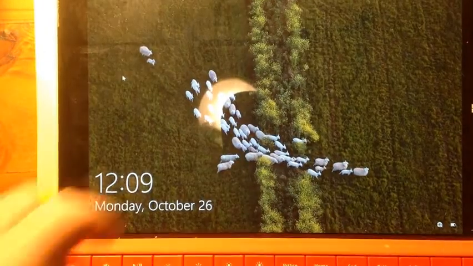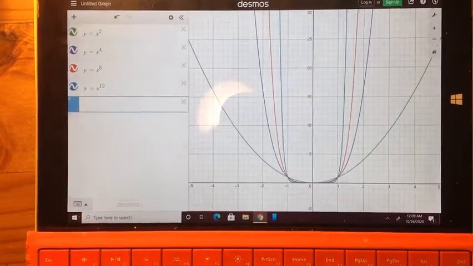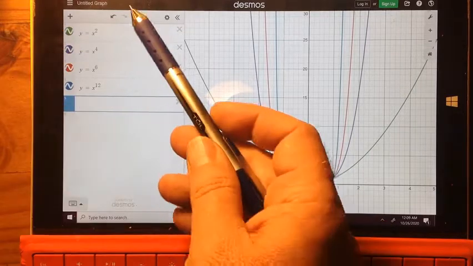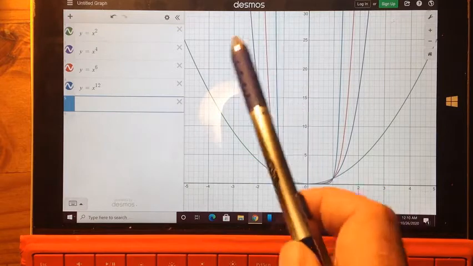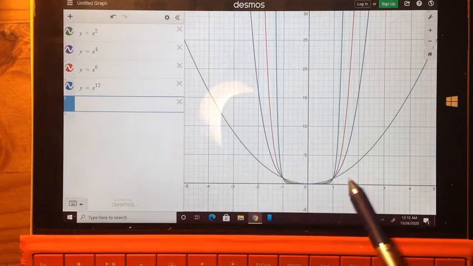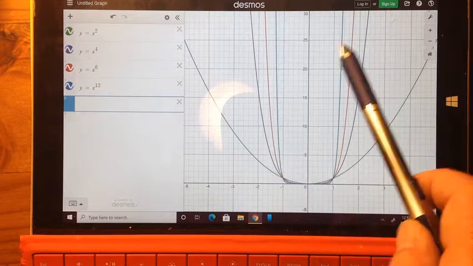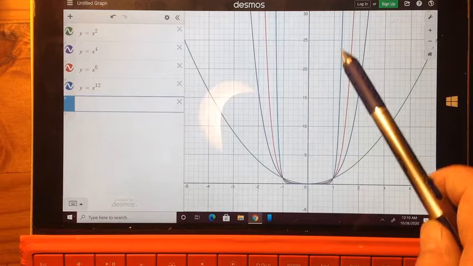So I'm going to turn on my screen here. All right, I think you can see that okay. You can see I have graphed x squared, x to the 4th, x to the 6th, and x to the 12th. The one on the outside here is x squared, and the next one is x to the 4th, and then x to the 6th, and then x to the 12th is the one on the inside.